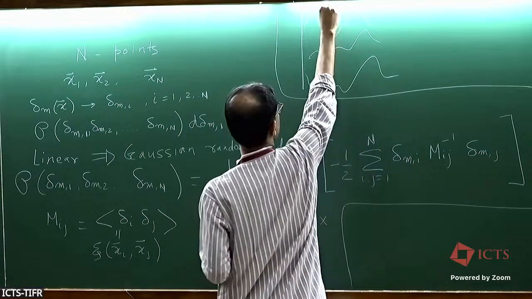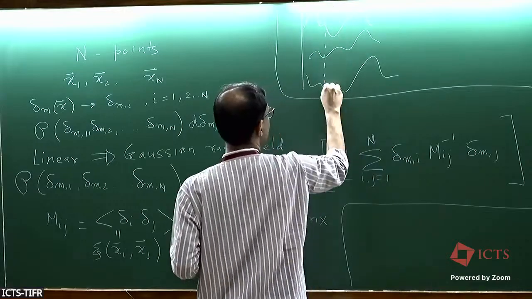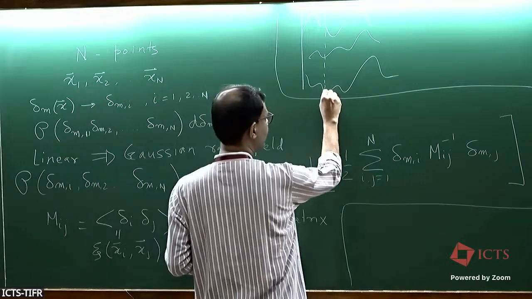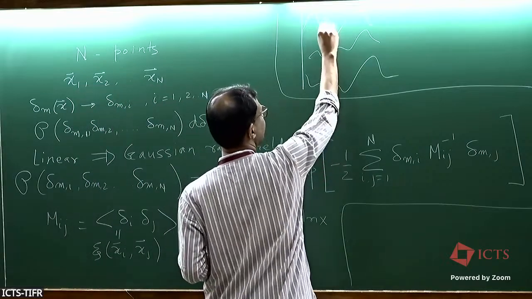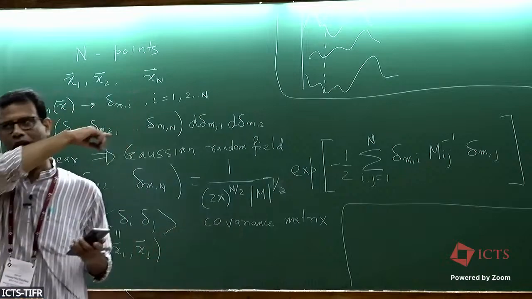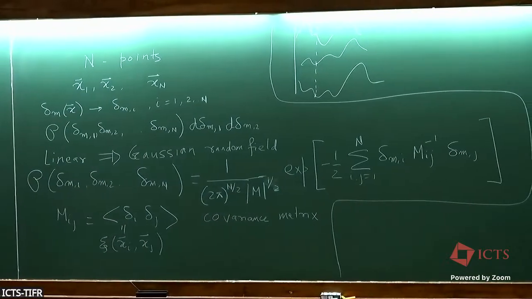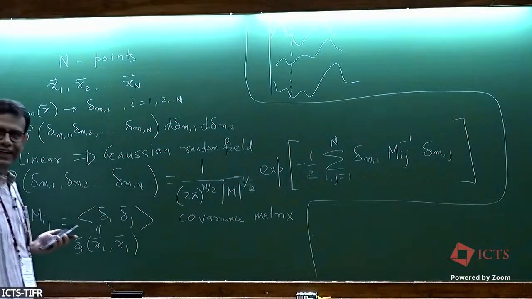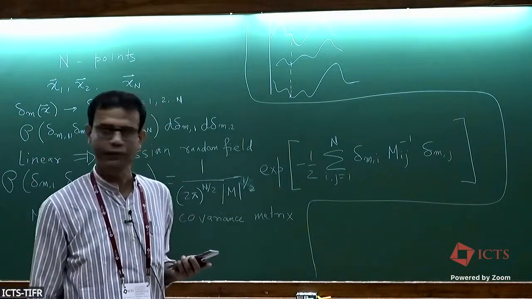Suppose I am just interested in this point, and I want to ask what is the probability distribution of the density at this point. So going through realizations, you will calculate the density and then build that distribution, maybe plot a histogram and see what the distribution is. But from here it is clear that it needs to be Gaussian.